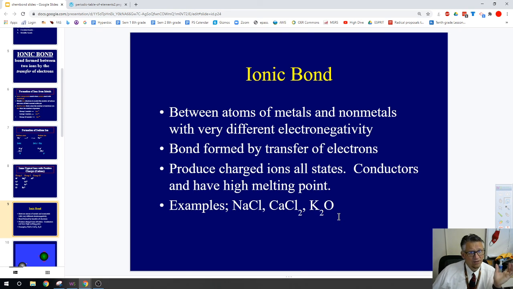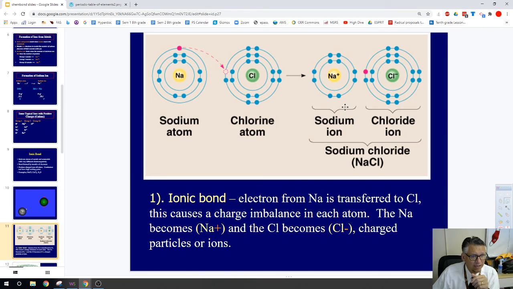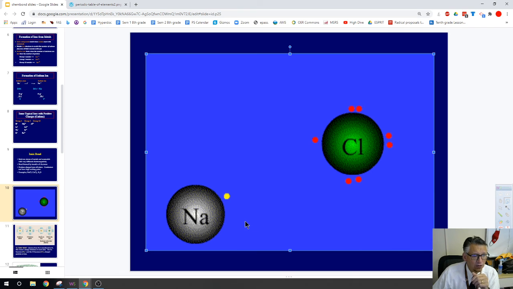So when we have an ion that has a positive charge and it gives its electron to another atom that ends up with a negative charge, like opposite charges attract. And here we have sodium in group 1, chlorine in group 7.